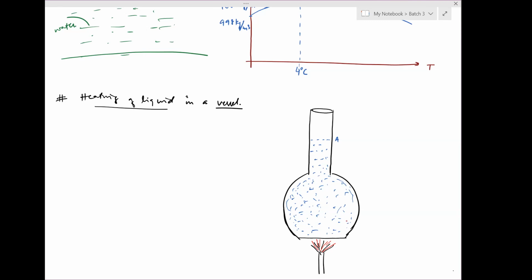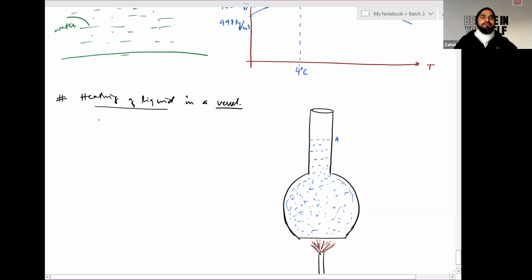Decrease. Good. That is the reason behind it. On heating initially, since the vessel gets heated first, it expands, due to which the level of liquid first decreases, then increases due to its own expansion. Is it clear? Yes.